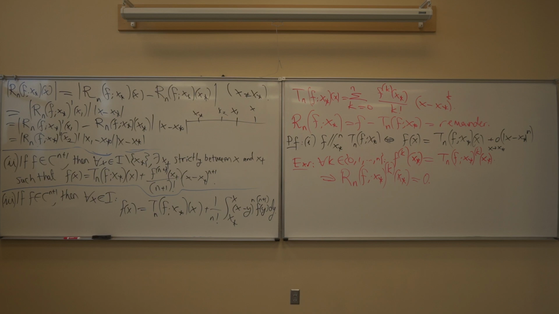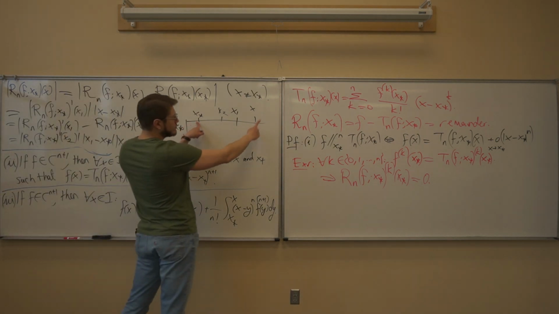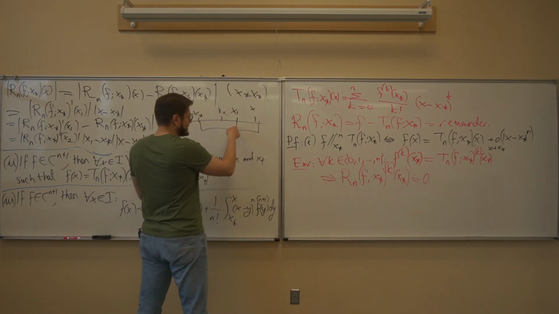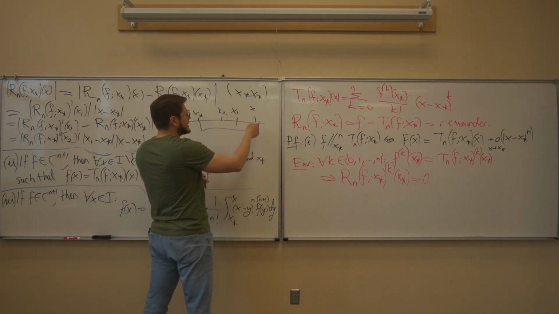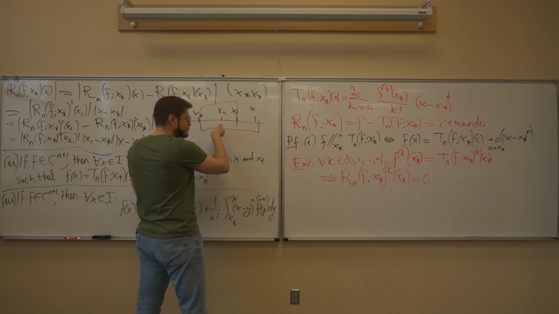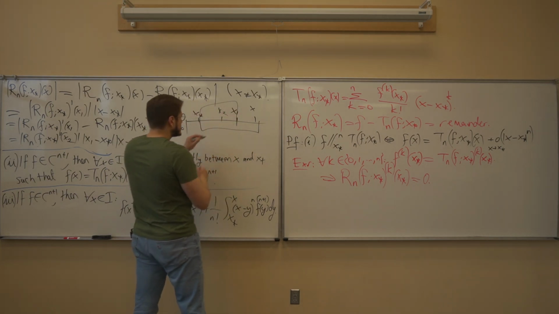So I applied the mean value theorem twice. First, I applied it to the remainder function between these 2 points. That gave me this point. Then I applied the mean value theorem between these 2 points to the first derivative. That gave me this point. But I can keep iterating this idea.